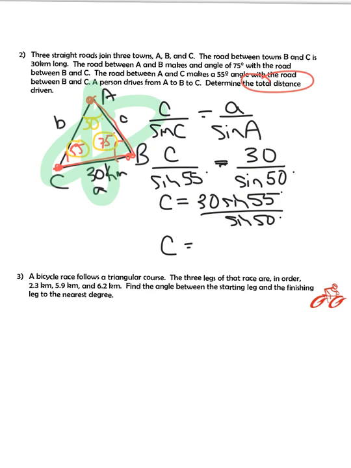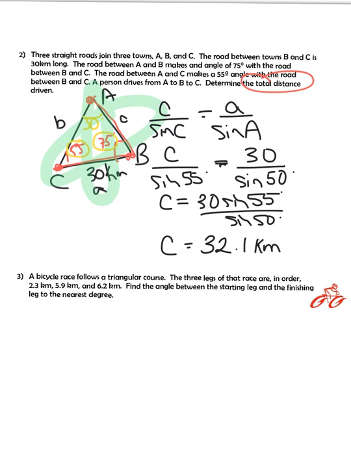What do we get here? 55 sine times 30 divided by 50 sine equals, I have 32 kilometers for my distance there, 32.1 kilometers.